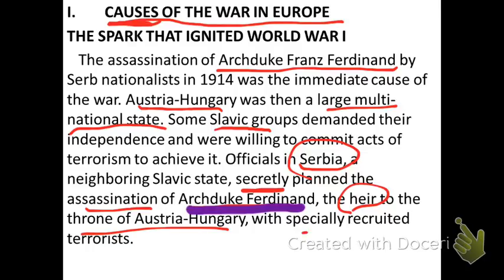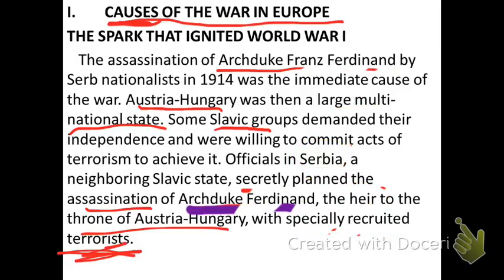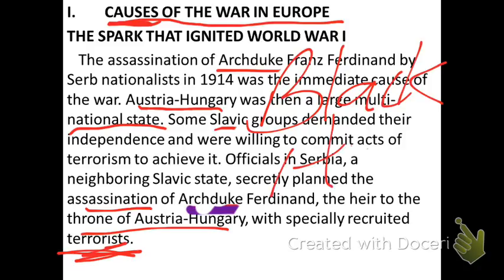They had specially recruited terrorists to assassinate him. A group known as the Black Hand was planning to assassinate the Archduke.